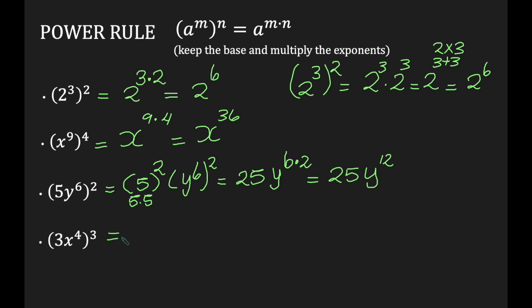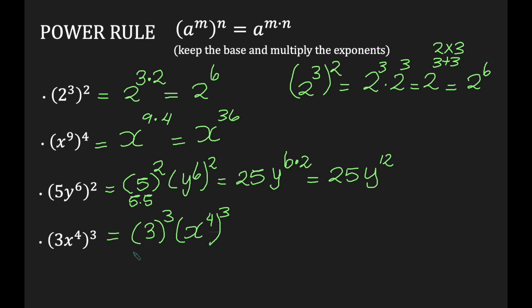Let's try a similar example. I have 3x to the 4th, and all of that is raised to the 3rd power. Remember, this 3 must be distributed to every term. So the 3 is raised to the 3rd power. X to the 4th is also raised to the 3rd power.